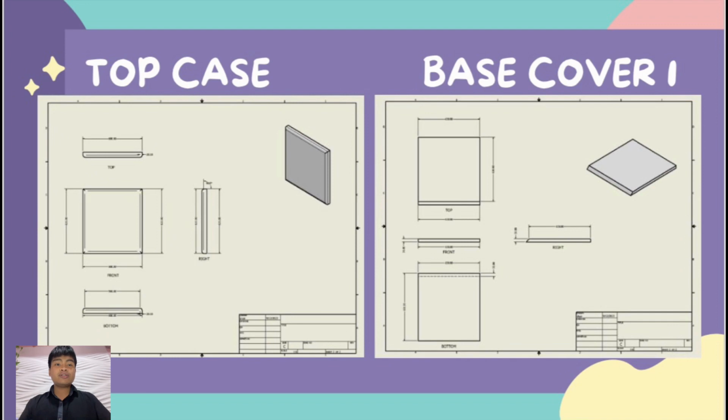And also 220 millimeters of chamfer. So from the front view, the length for both right and left of this top case is 630 millimeters with the base of 600 millimeters for up and down base.